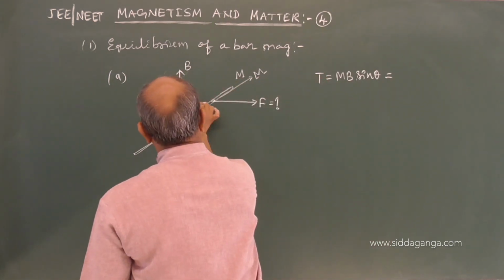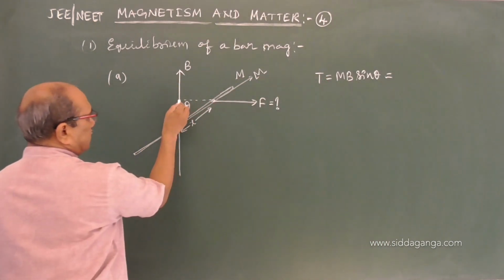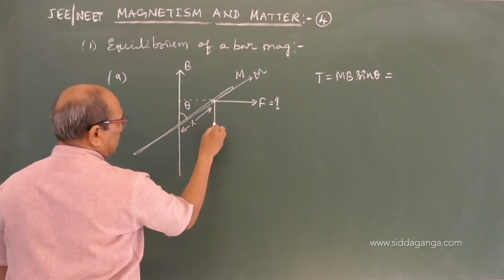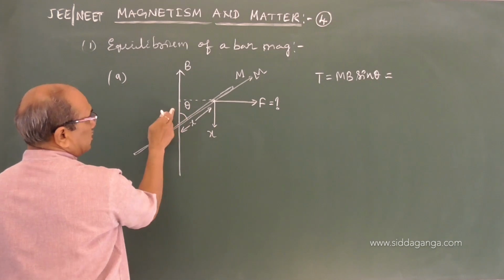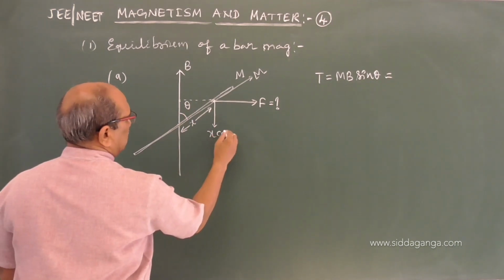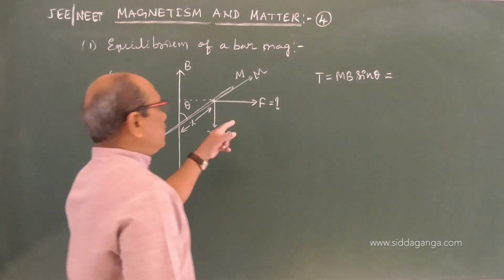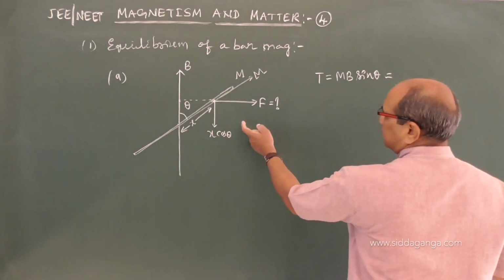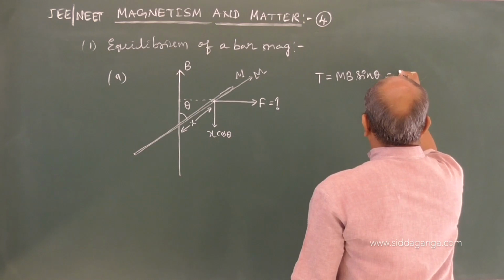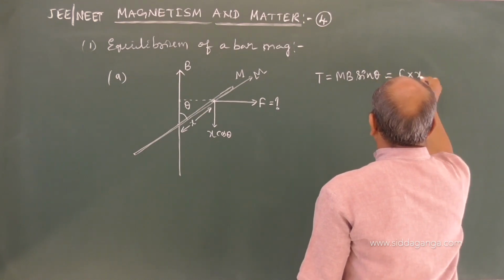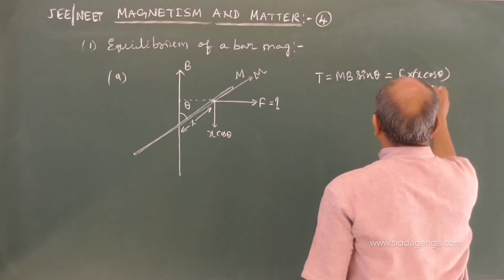If I extend here, and this is nothing but x, then adjacent side by hypotenuse, I can write it as x cos theta. This is equal to force into the perpendicular distance of the point. Therefore, F into x cos theta gives you this.